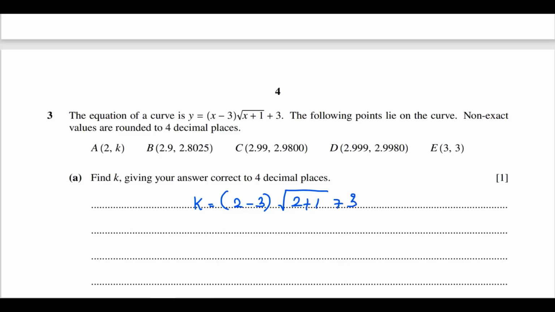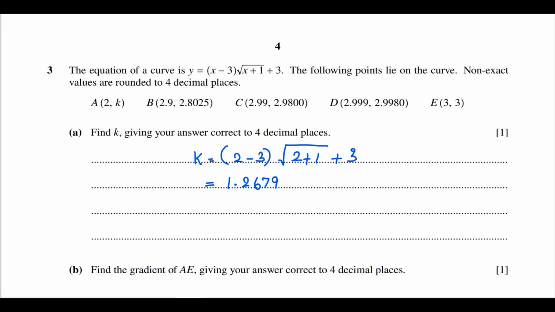Okay, on simplification, this gives 1.2679 correct to 4 decimal places. So this is the value of k.